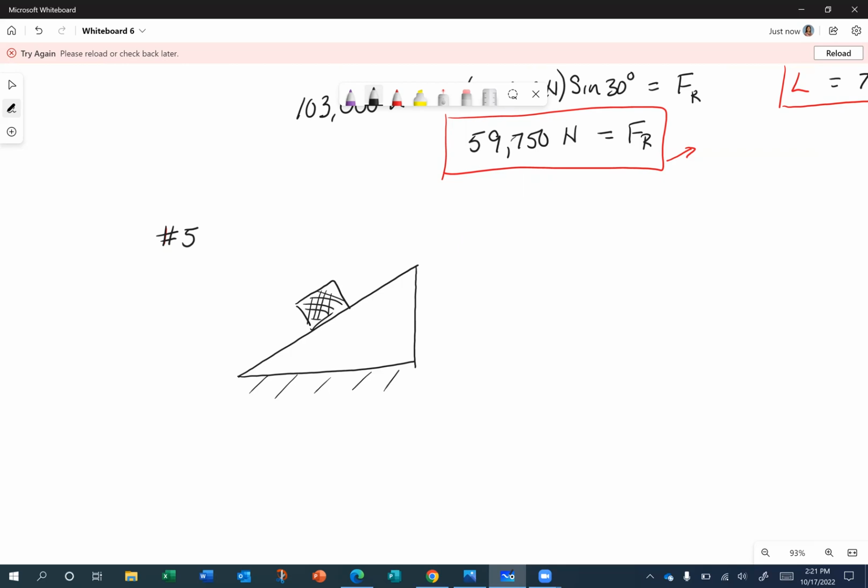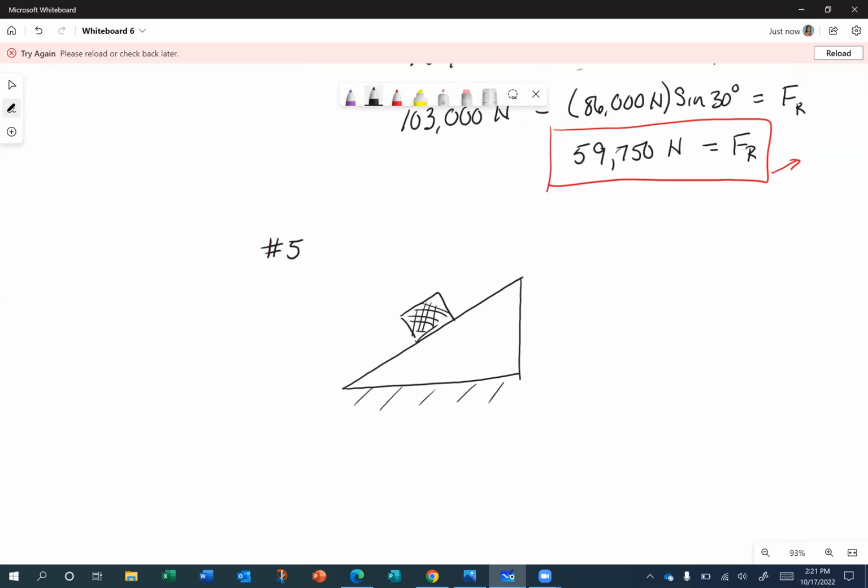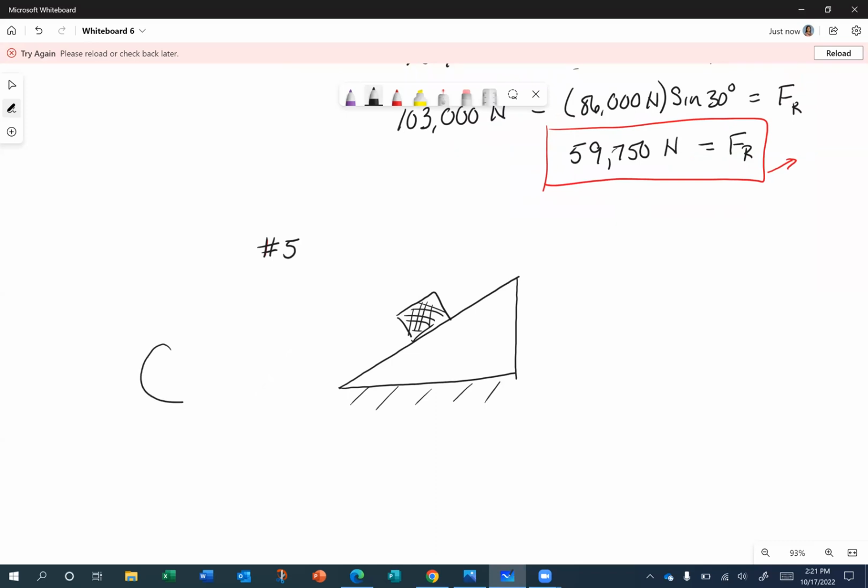So what do we have as part of this system? Here we're going to have the box. We have the ramp. We're going to have the surface.